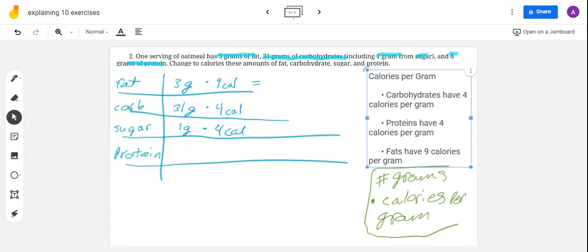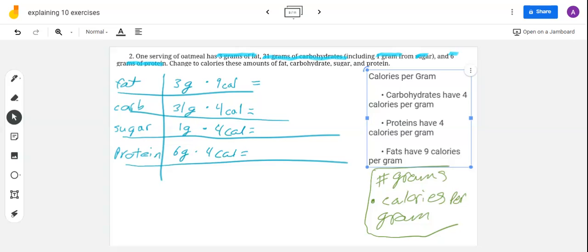And then protein, it says there's 6 grams of protein. So 6 g times 4 cal. Little equal signs. So 3 times 9 would be, I want to say 24.